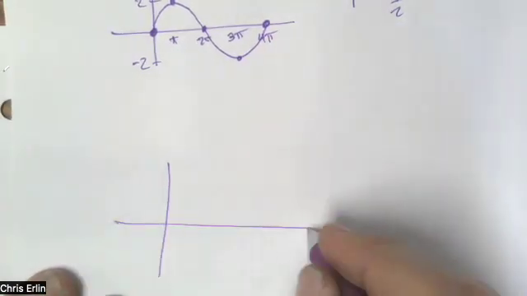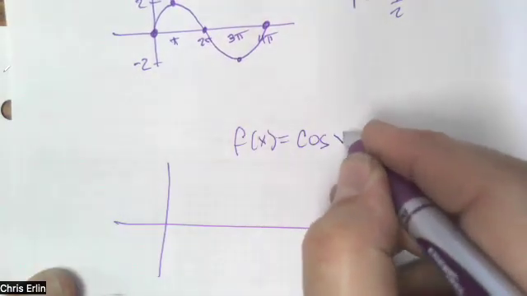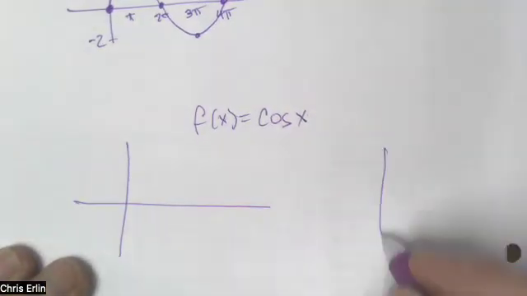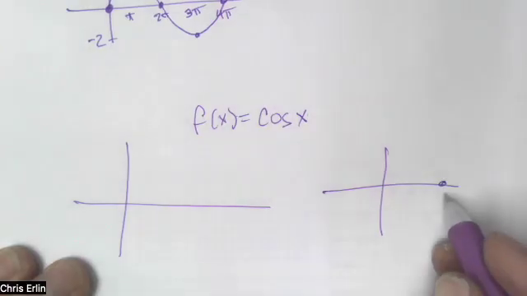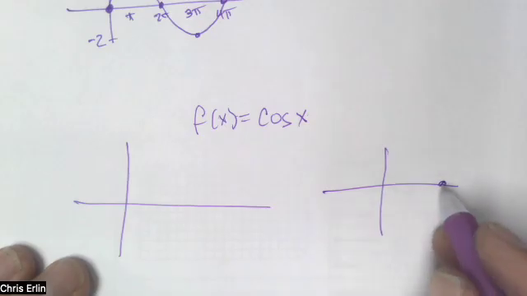So let's go off on a tangent for a second. Get it? Sorry. So what if we said f of x equals cosine of x? Let's go back to how we create this. When I start cosine at 0, what's my value? Because now we're looking at the x values. It's 1.